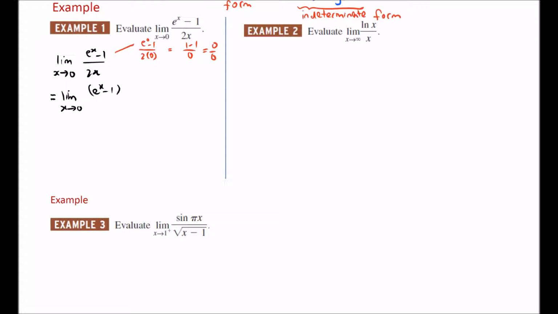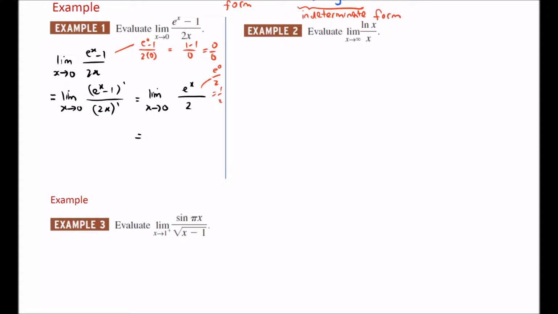You put a prime to show you're going to differentiate. Then you have e^x over 2. So you check again: e^0 over 2, which is half. So that is the limit.